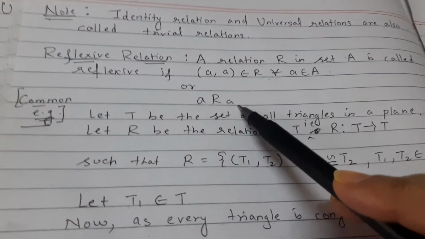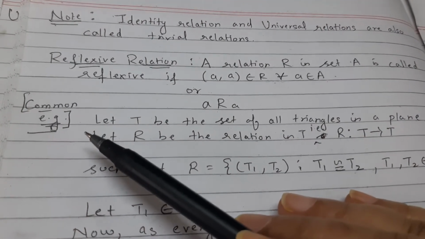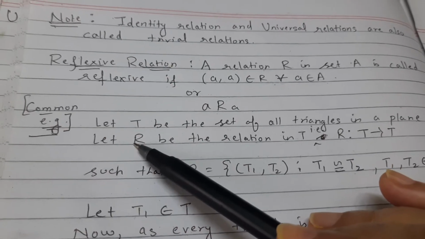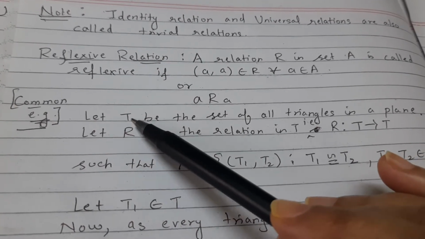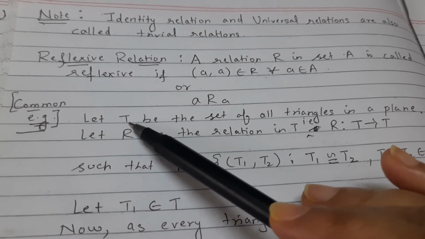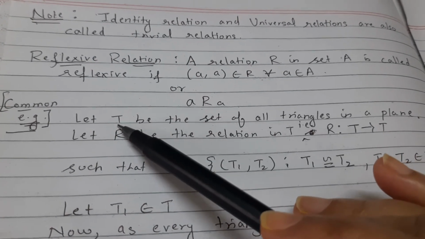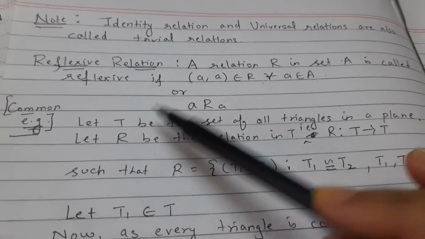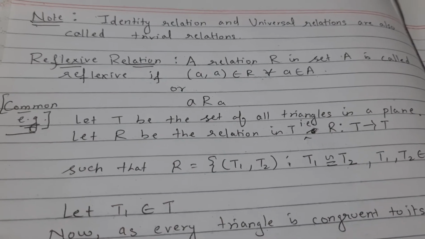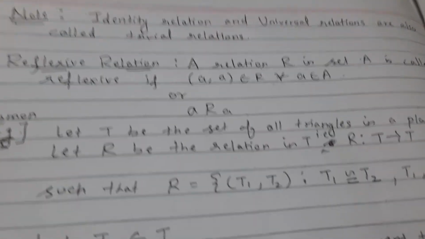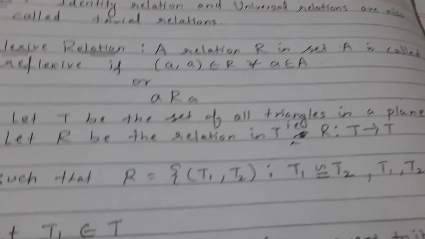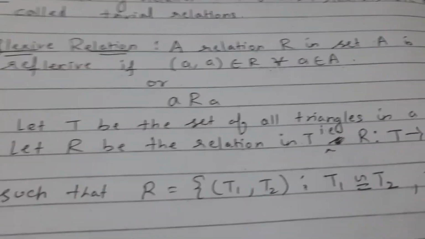I'll give you a common example for all the types we are discussing now. We will consider a set T, which is the set of all triangles in the plane. T contains all types of triangles: isosceles, similar, congruent, equilateral, all kinds.